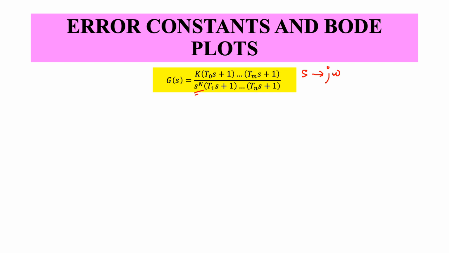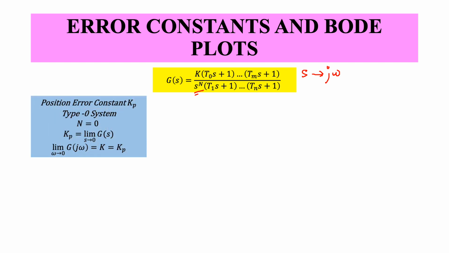Okay, so we will look at the position error constant, Kp. Let's say n is equal to 0, so the system type is 0. This is the only case when I am interested in the position error constant, right? So when n is equal to 0, how will my Bode plot look?